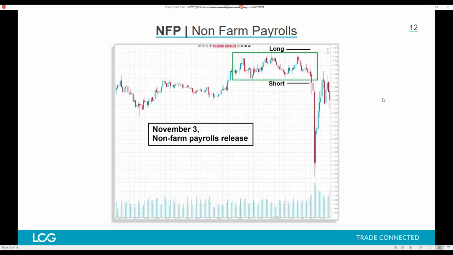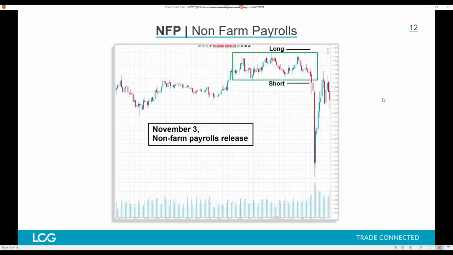You can't get any real sense of the trend, so you don't really know necessarily which way the market's going to swing after this data. So what you can do is kind of hedge your bets. You put a short order below the bottom of the rectangle, a long order at the top of the rectangle, and basically the idea is that one of them triggers when the volatility kicks in.